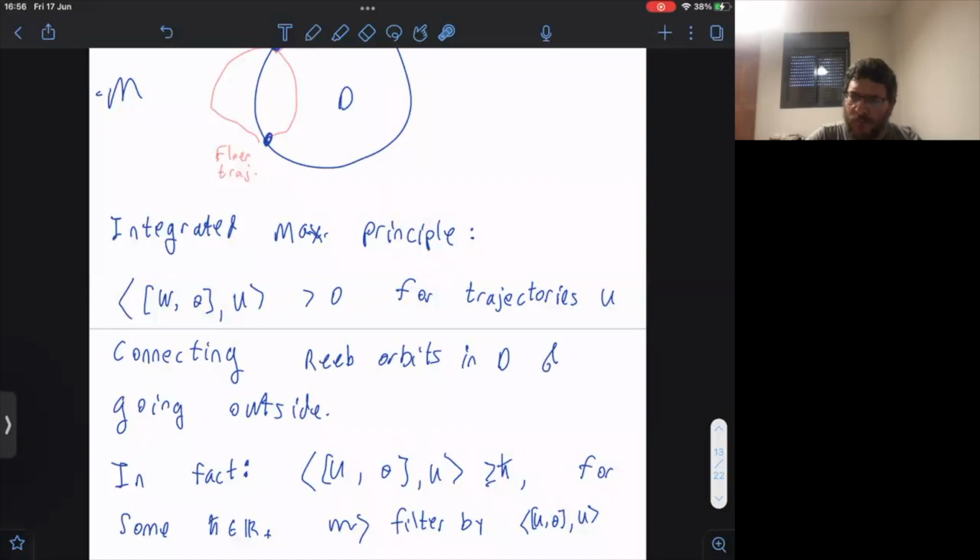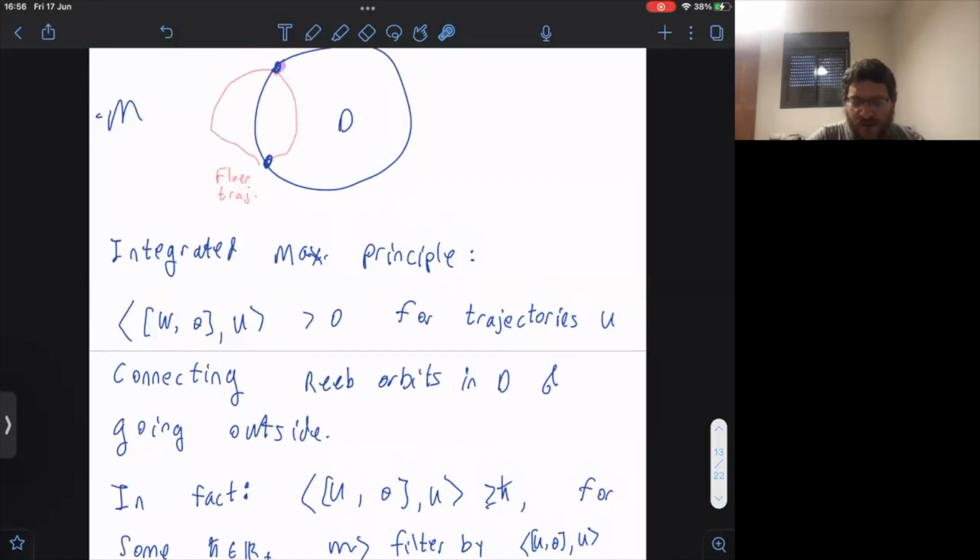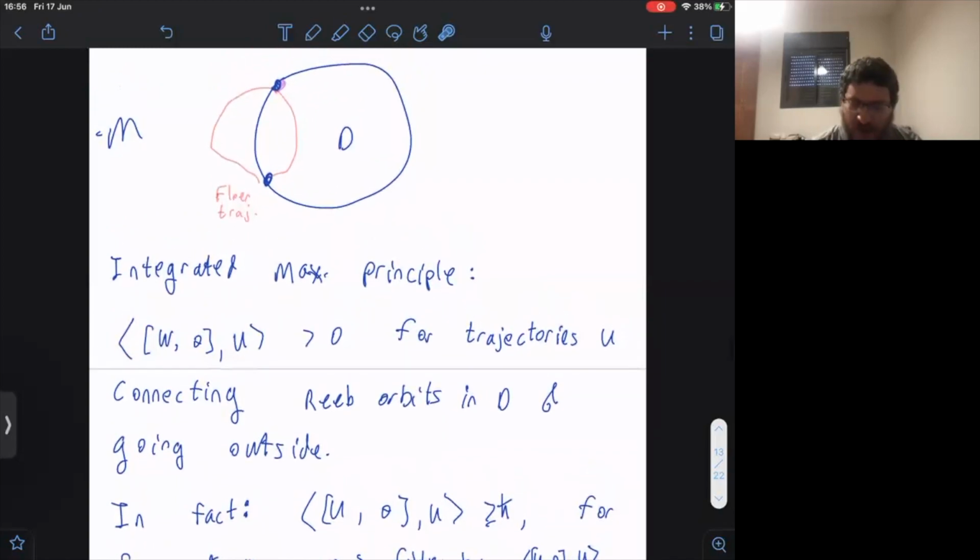Yes. How do you show that it's greater than some positive amount? The fact that it's greater than some positive amount is some monotonicity. Because outside you can set it up so that everything looks very close to constant. So the fact that it goes outside, it has to intersect some divisor.